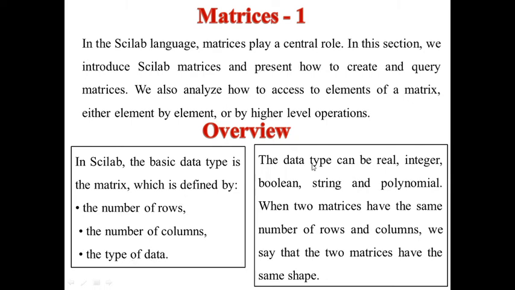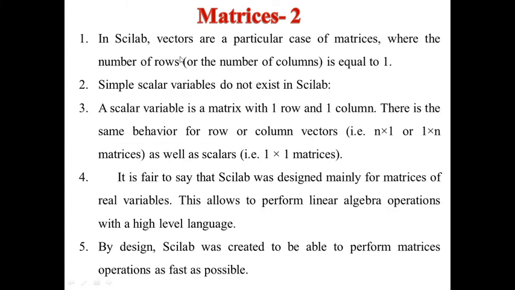Clear? So the data type can be either a real value, integer value, boolean, string or a polynomial value. Okay, so when two matrices have the same number of rows and columns, we can say that the two matrices have the same shape. Clear about this? So this is the general overview of the matrices.